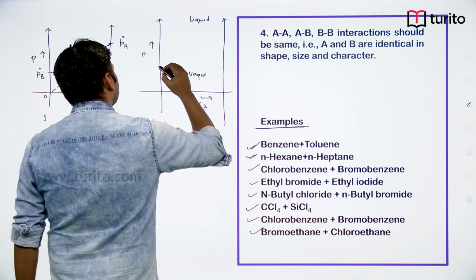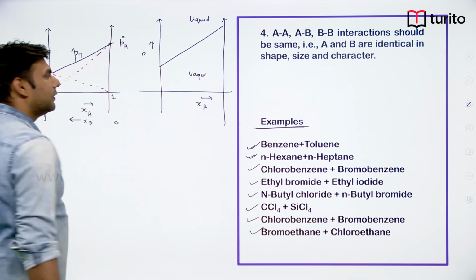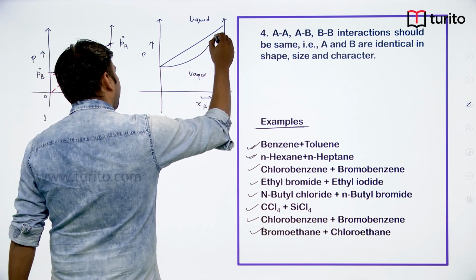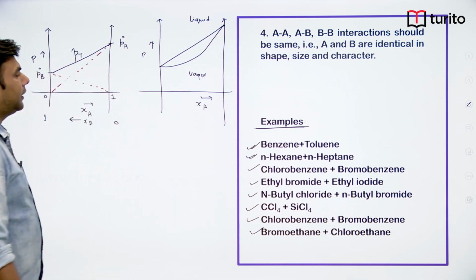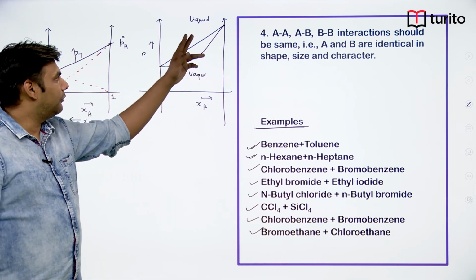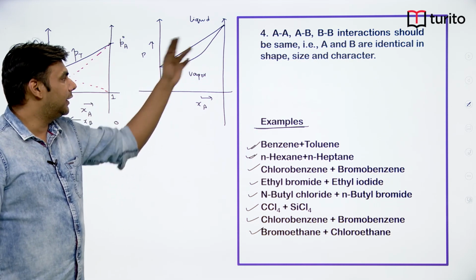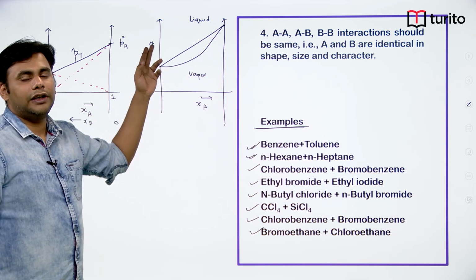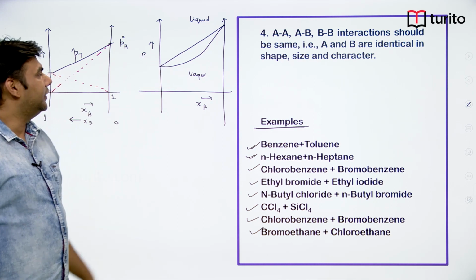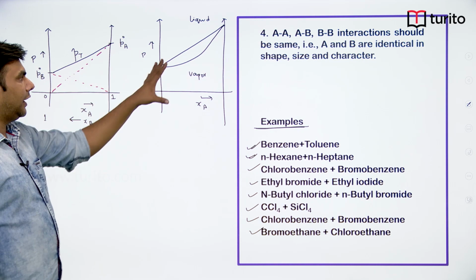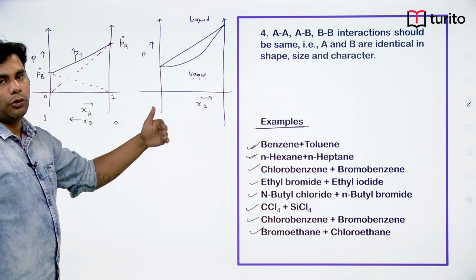So this was the total pressure, and if you draw the vapor curve, it was something like this. I have already told you the curved line represents the vapor phase, and the straight line represents the liquid curve. And the region between them represents equilibrium between liquid and vapor. We have already done some questions on this, dew point, bubble point.